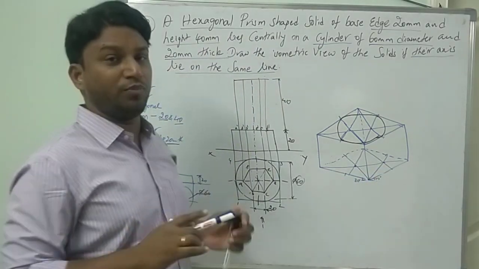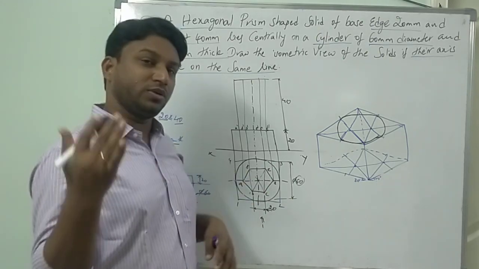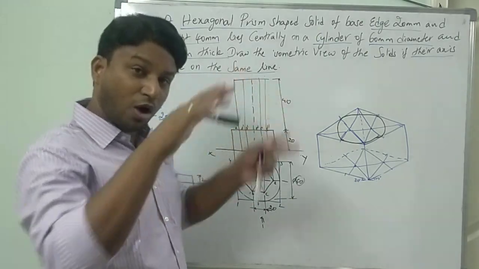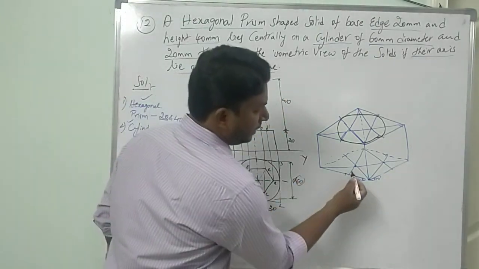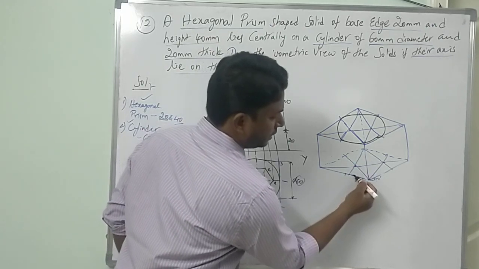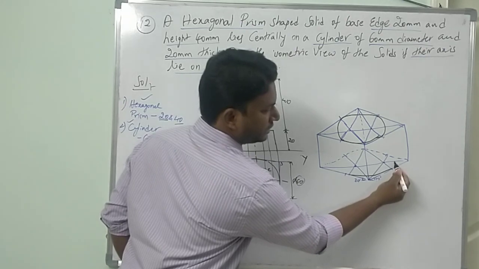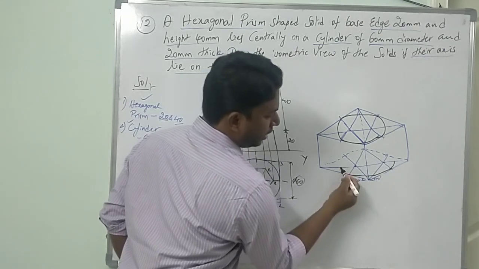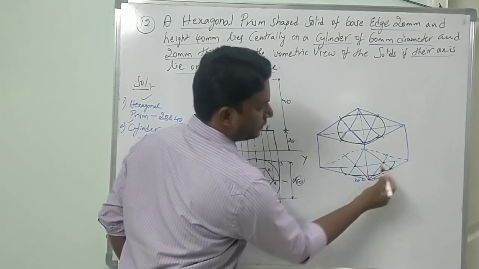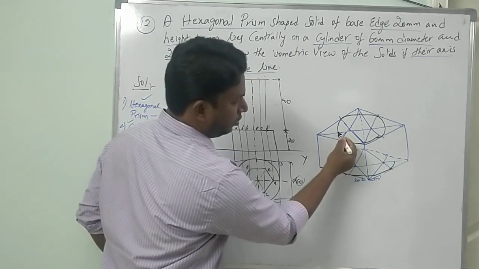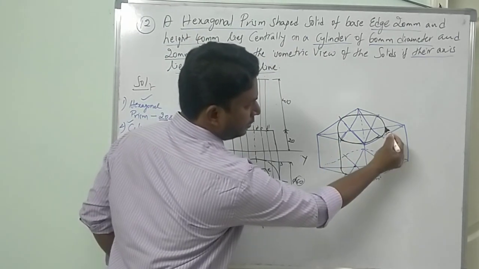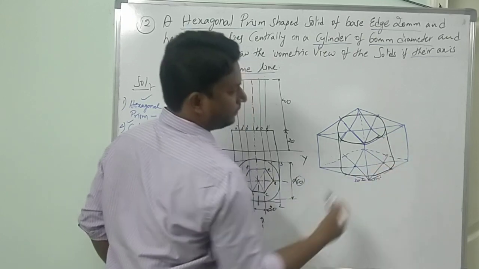As we are doing compound solids, we are not bothered about the hidden parts, just showing the outside boundaries. So for that purpose, with respect to this, I am constructing the full curve. Now with respect to this, I am doing only quarter circles with respect to this center. Finally, boundaries from here to vertical, from this diagonal to vertical.